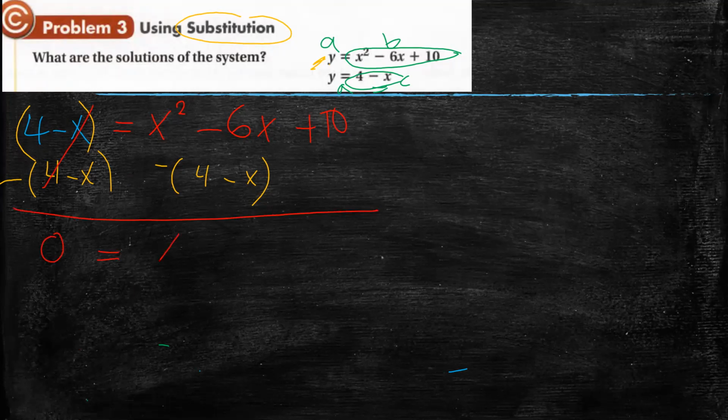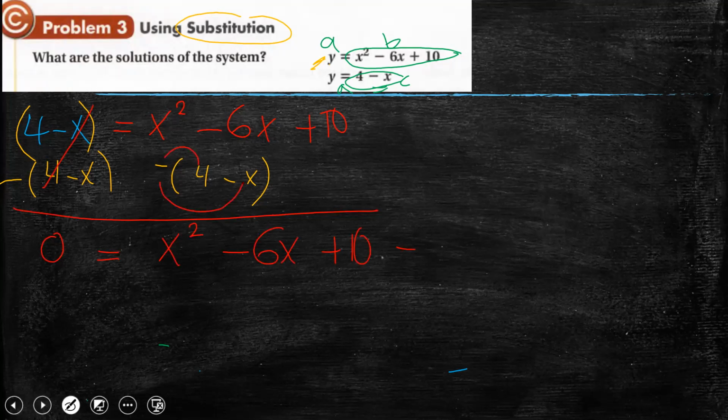Then here I have x squared minus 6x plus 10 minus 4 minus x. Here I have to apply the negative sign to both terms. So it will be negative 4 plus x, because negative times 4 is negative 4 and negative times negative x is positive x.